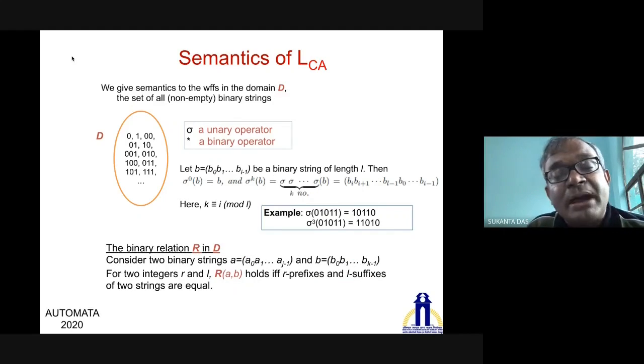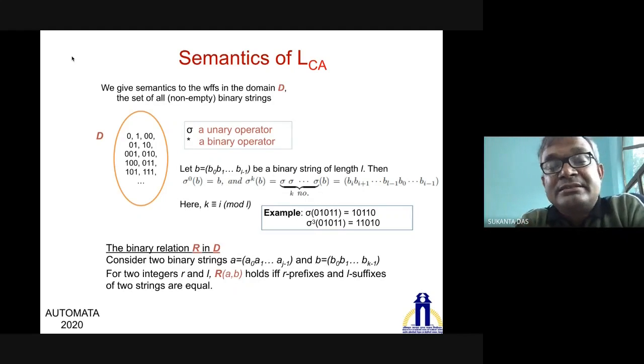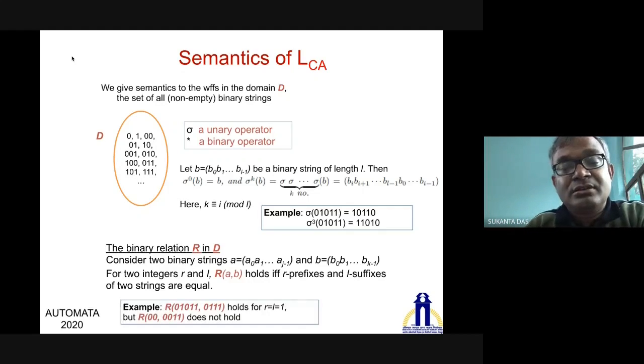Now let us define a binary relation R in D. Say two strings A and B are given, and for two integers r and l, R holds for A and B if and only if the r prefixes and l suffixes of the two strings are equal. Take an example, suppose r equal to l equal to 1.